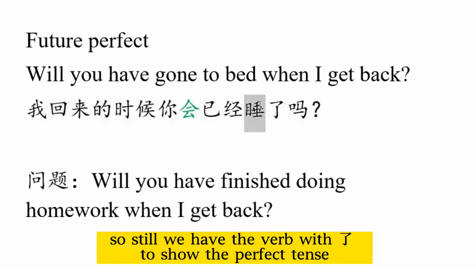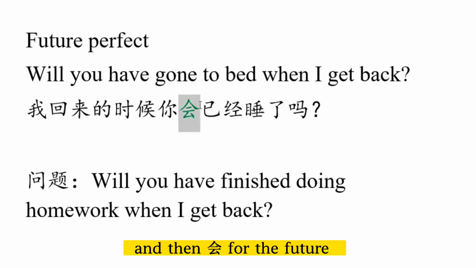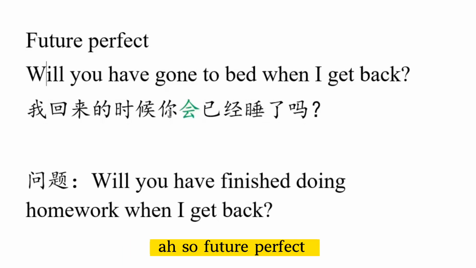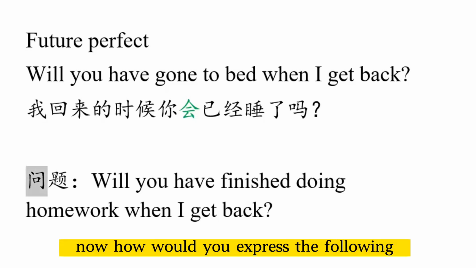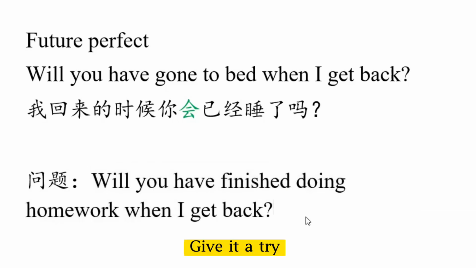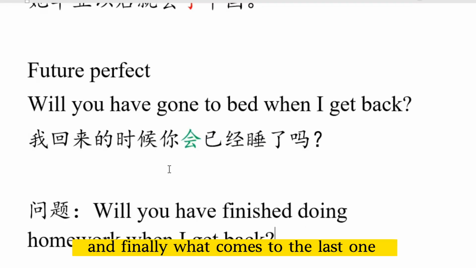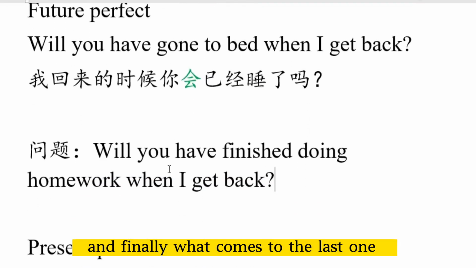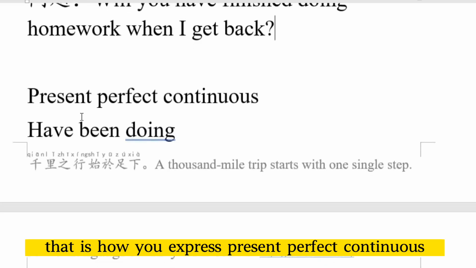So still we have the verb with le to show the perfect tense, and then 会 for the future. So future perfect. Now, how would you express the following? Will you have finished doing homework when I get back? Give it a try.